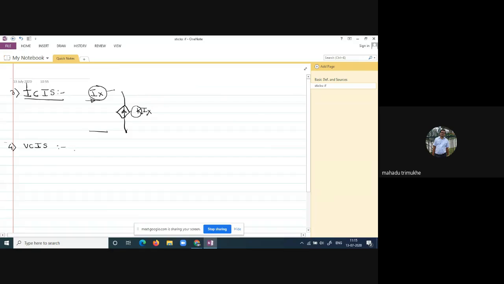That is called a voltage controlled current source, right? Means the main source is your current source, but it depends on the magnitude and polarity of some other voltage present in the electrical network.